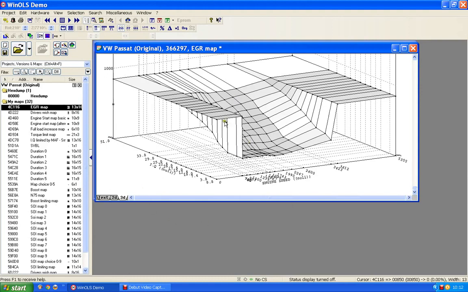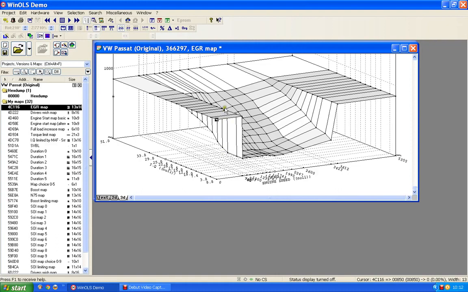So basically what you can say to yourself is that on the very first startup of the engine, the EGR valve may be shut, but it will very quickly open, either at idle or just above idle. So yours may be set so that at idle it's shut and just after idle it opens. This is quite common.